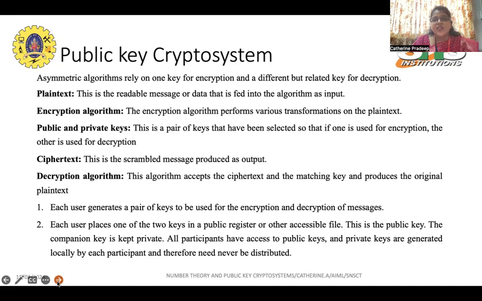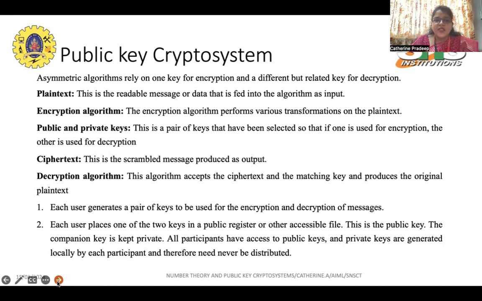Basically, the sender and the receiver, both of them will be generating two keys, private key and public key. So they can decide upon which key should be used for encryption and which key should be used for decryption. For example, if you are taking the private key for encryption, the corresponding public key only should be used for the decryption.